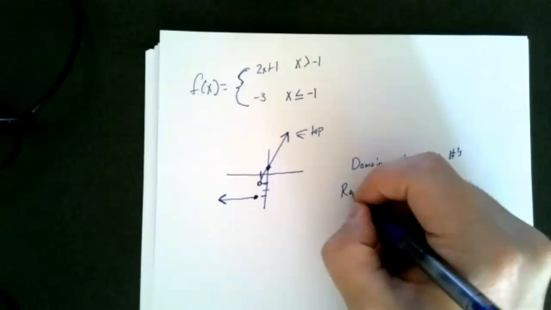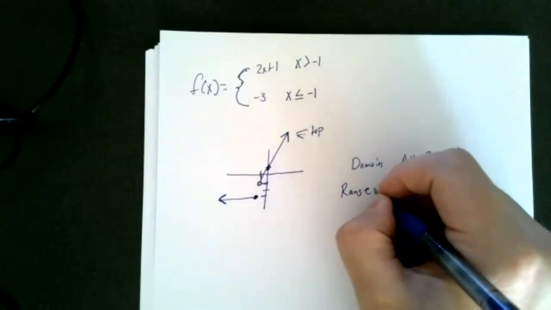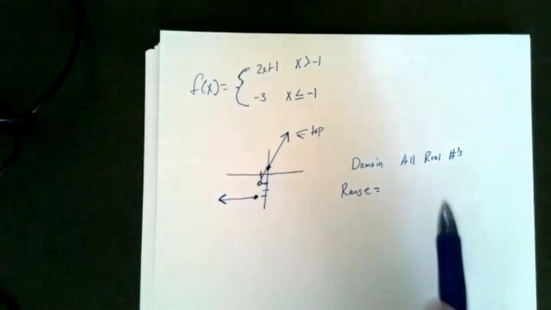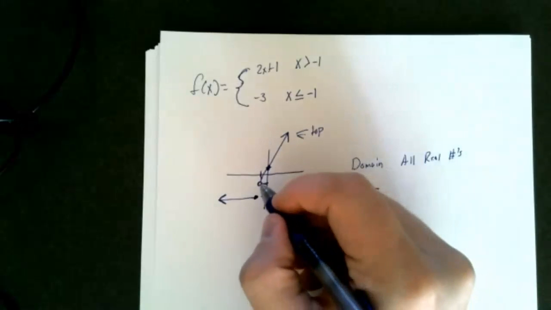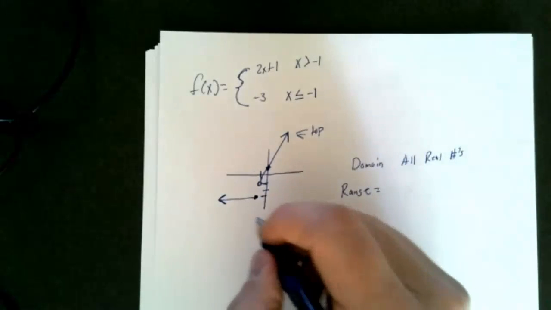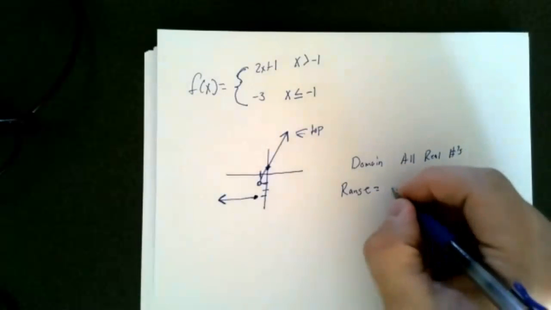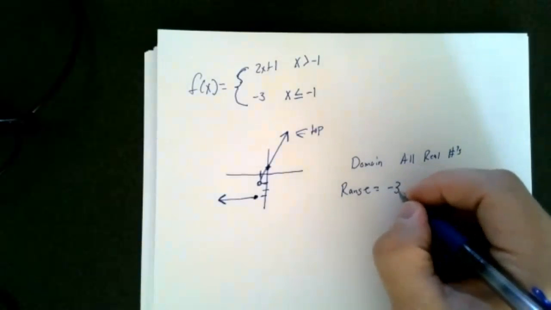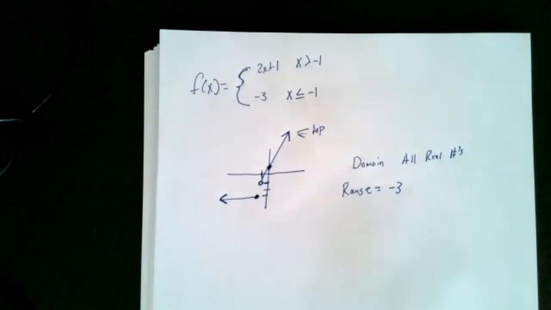And then my range. Okay, so here the range is the tough part, because we know that it's -3. So -3 is an applicable answer here.